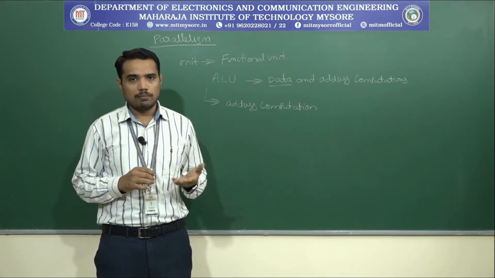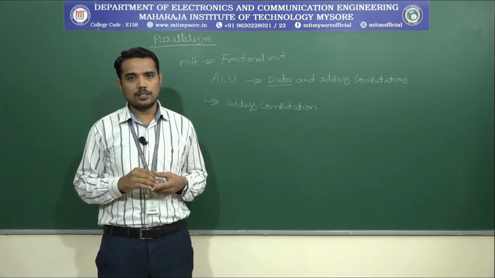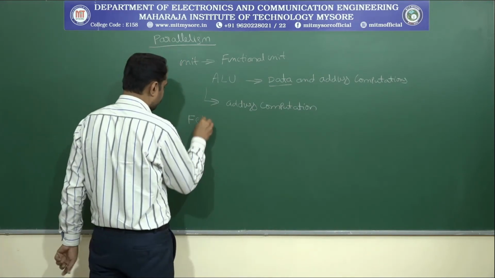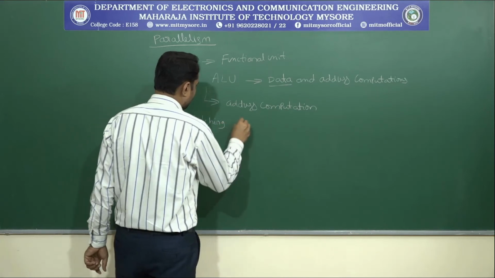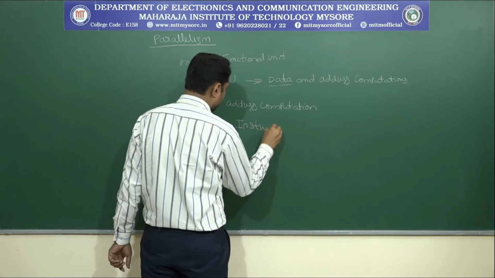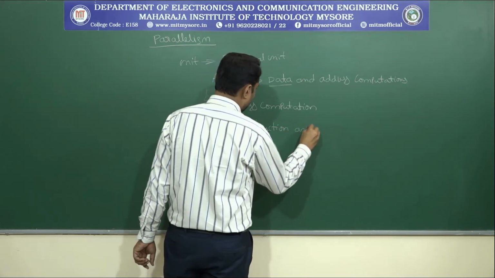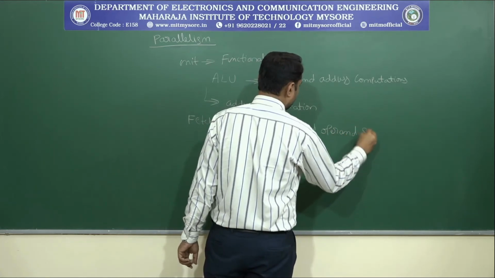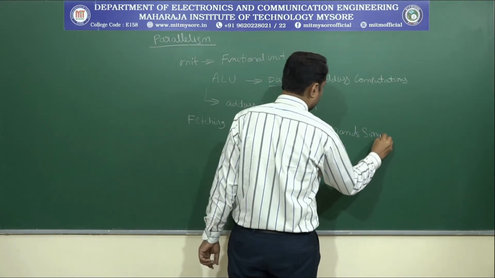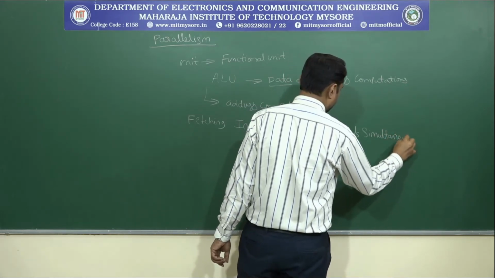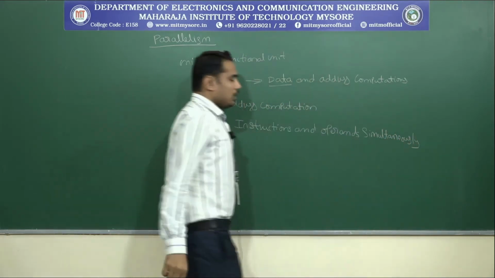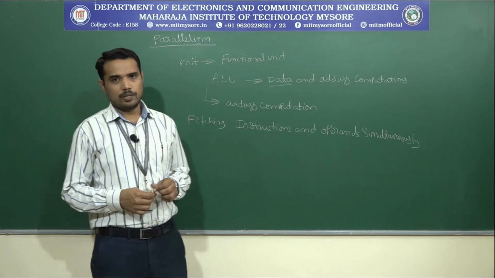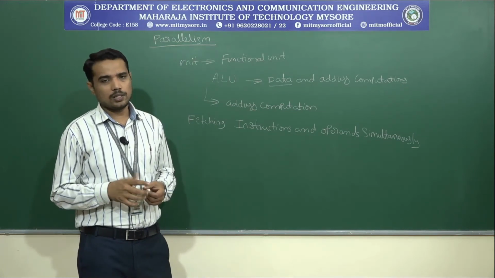With multiple memories and multiple buses, we can fetch instructions and operands simultaneously. By fetching the instructions and operands simultaneously, obviously the speed will be increased and thereby the throughput is also increased.